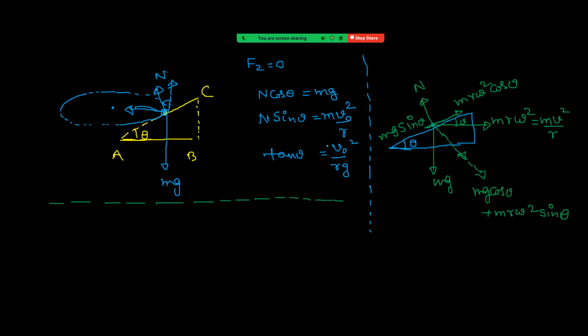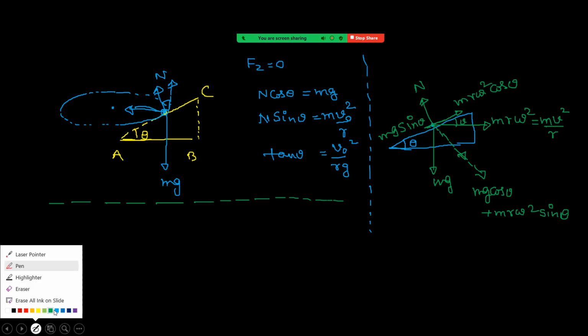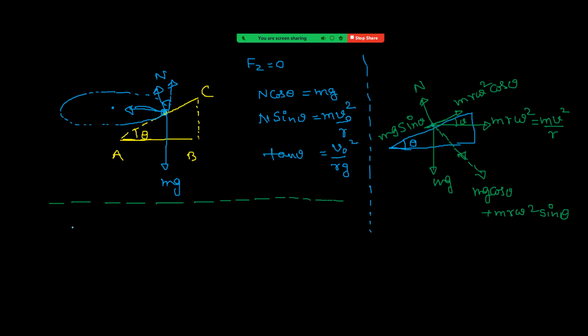Then along the incline, when speed is equal to v naught, we can write mg sin theta is balanced by mv square by r cos theta, with velocity v naught.